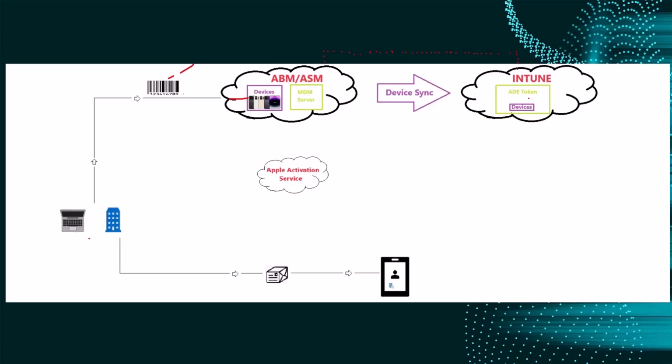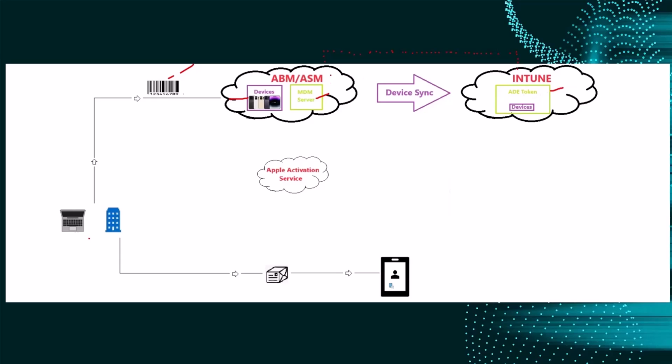How do you do that? The way you do that is you create a MDM server in your ABM instance. This MDM server contains information about Intune. So the ABM knows where Intune is, but Intune needs to know where ABM is. So in Intune, you create something called an ADE token.